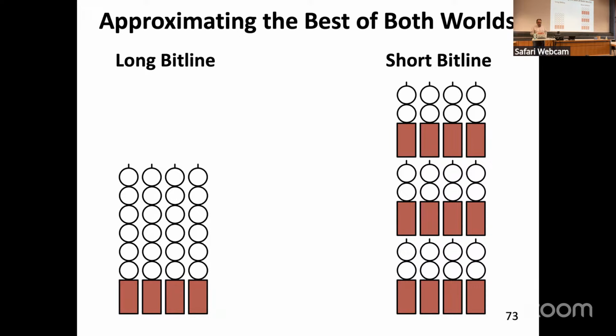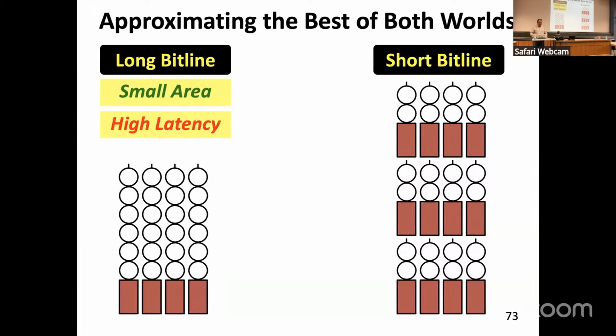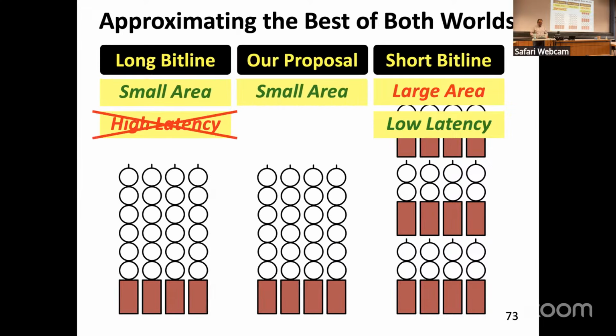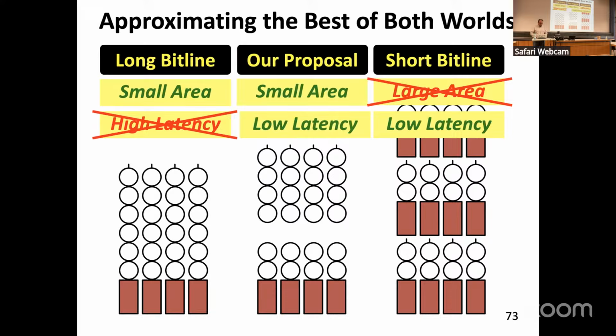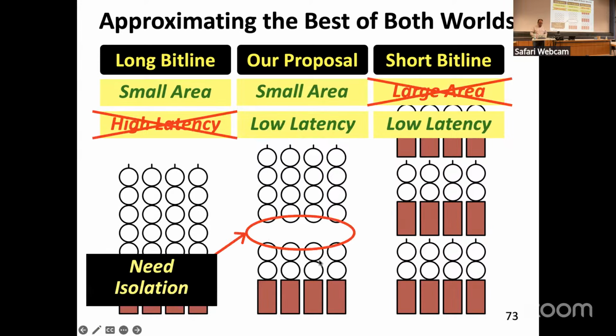So here also you can think of heterogeneity: long bitline is small area and high latency. Short bitline is low latency and large area. And here the proposal is that you can still keep a small area by using long bitlines. However, you can try to isolate the bitline using some isolation transistors, such that you also have low latency sectors or regions in your bitline.